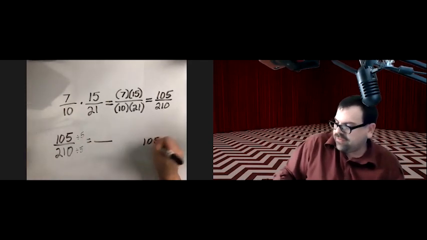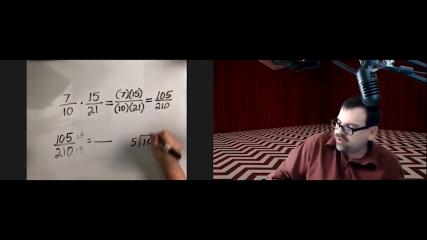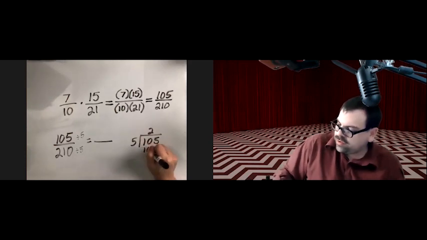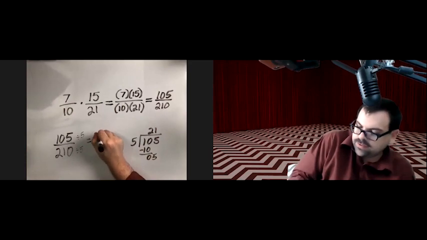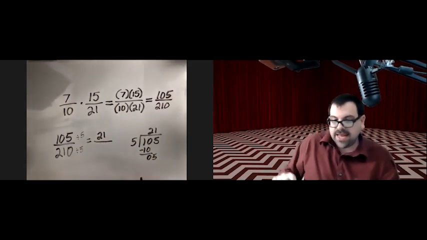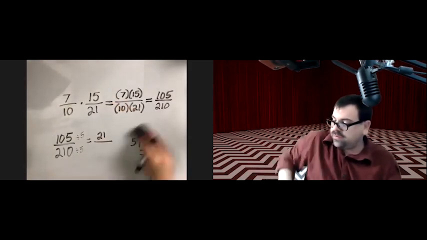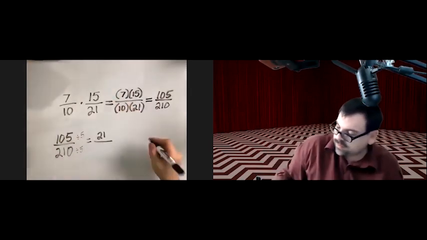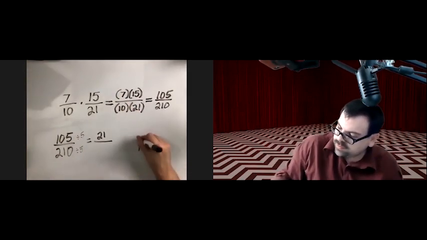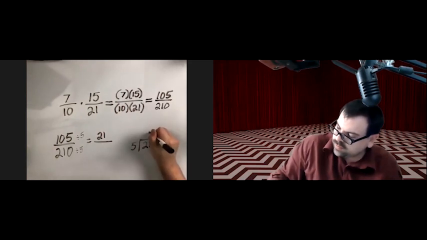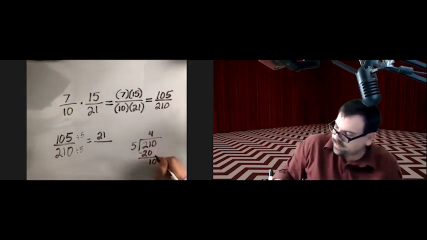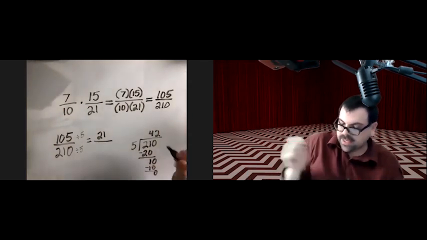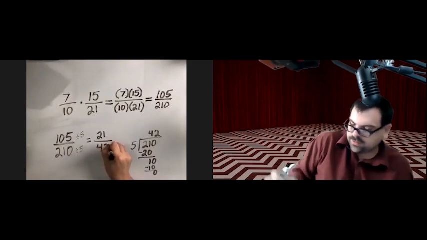So 105 divided by 5 is 21. 210 divided by 5 is 42.